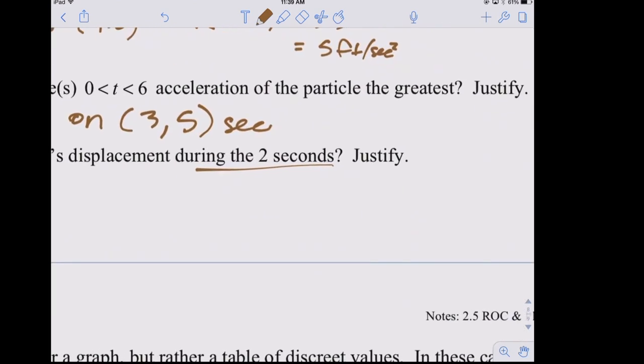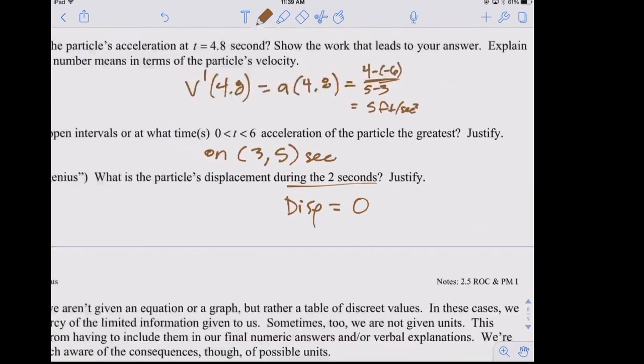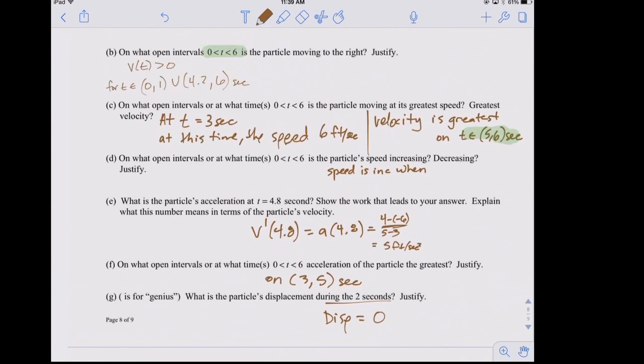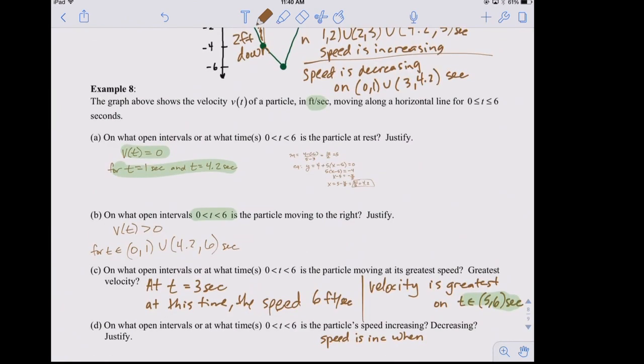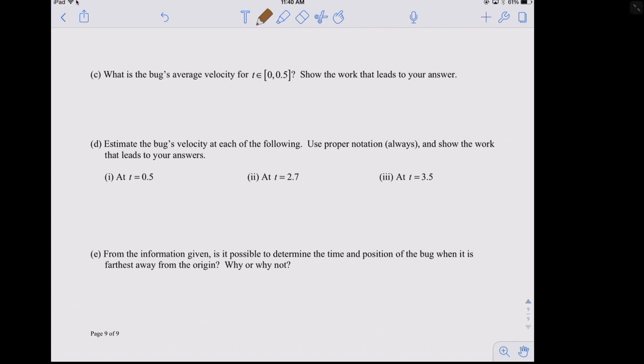The distance traveled was 4, but the displacement equals 0. Yes, the displacement is going to end up being the area under the graph of the velocity function. And that's the whole second semester, or most of it. Okay, we're done right there with example 8. We should be able to finish tomorrow pretty easily, so make sure you're working on the worksheet.